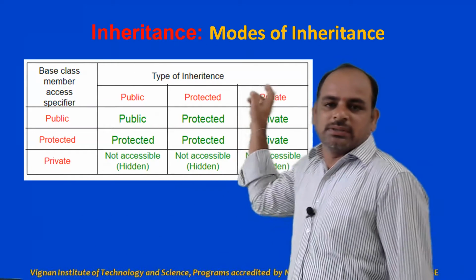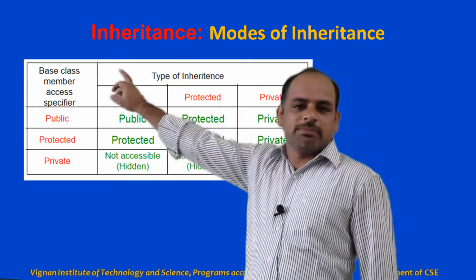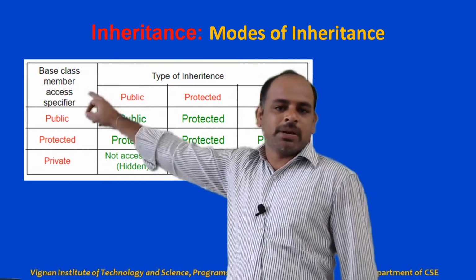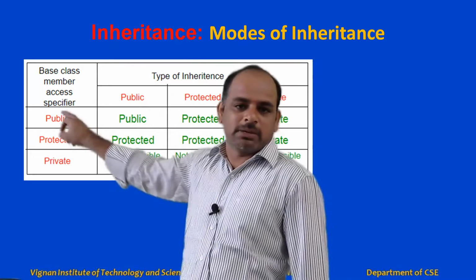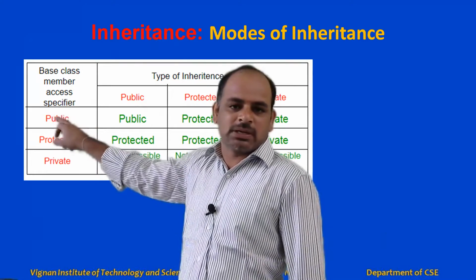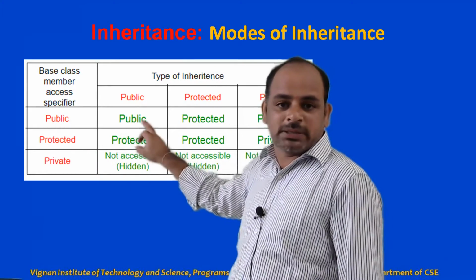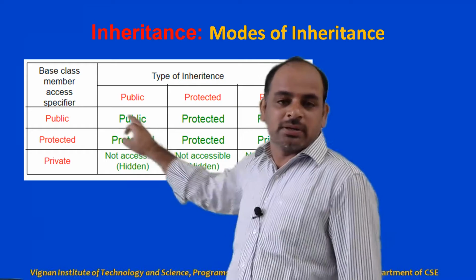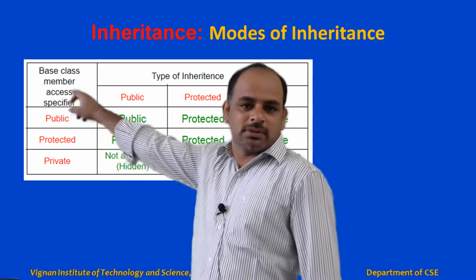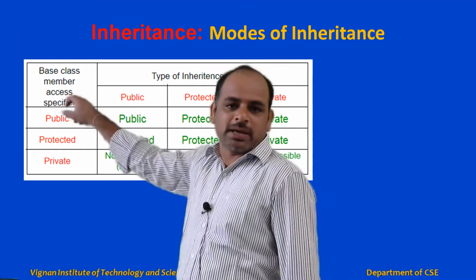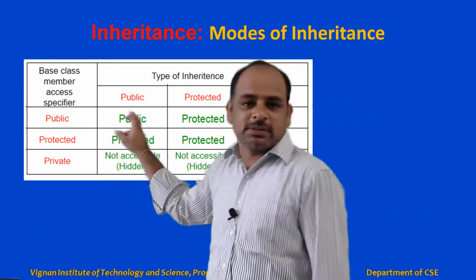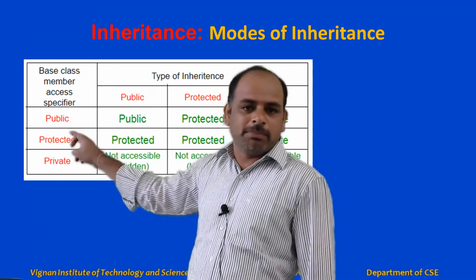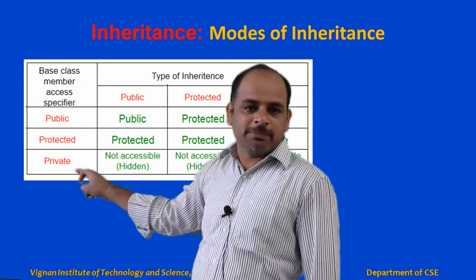You can see this is the type of inheritance and the base class member access specifiers. That means the base class is having public, protected, and private members.